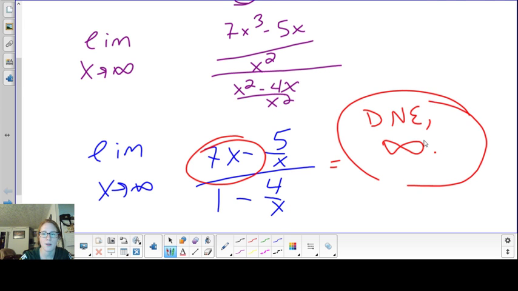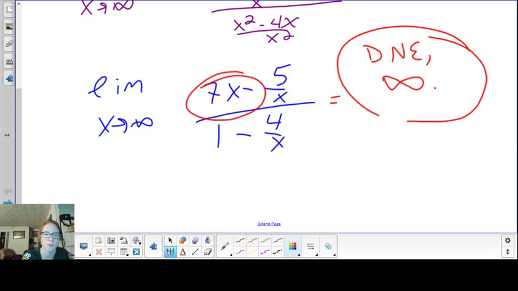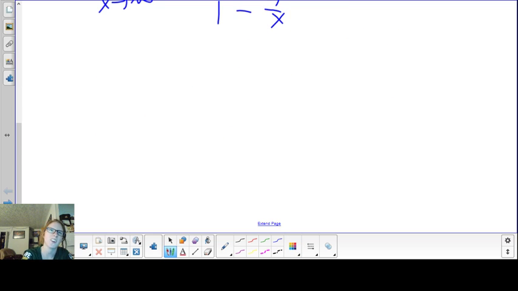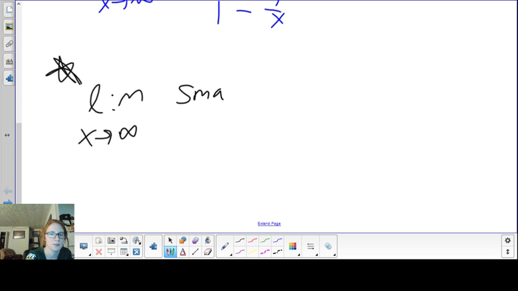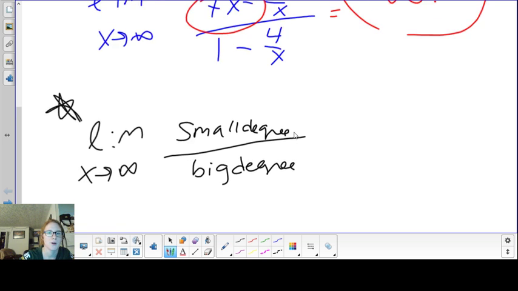So something I wanted to point out that you might have seen in yesterday's notes, some people saw it, some people not necessarily. If I take the limit as x approaches infinity of a small degree over a big degree, and what I mean by degree is the degree of the x on the bottom, or of any of the x's.